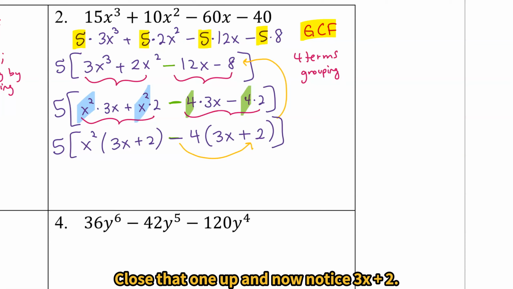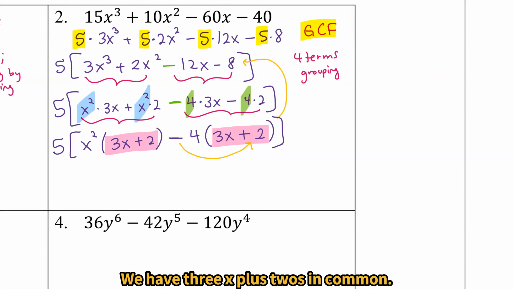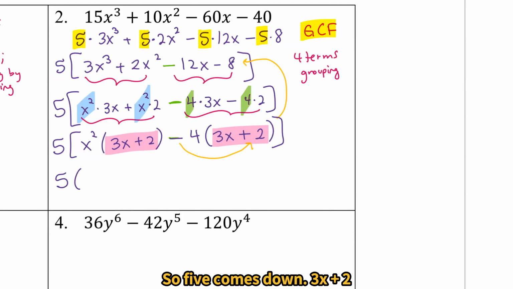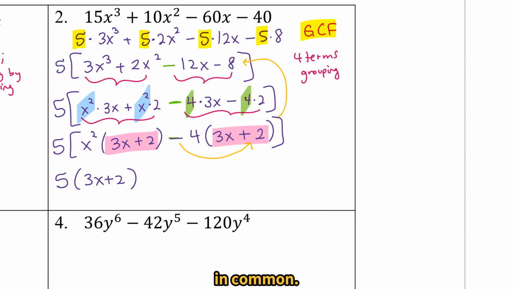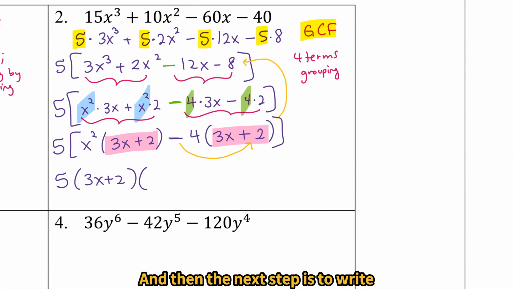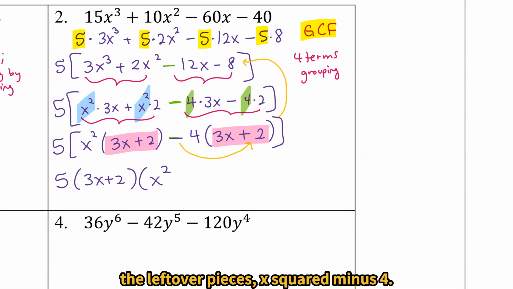Close that one up, and now notice 3x plus 2. We have 3x plus 2's in common, so 5 comes down, 3x plus 2 comes out, because both pairs have that factor in common. And then the next step is to write the leftover pieces, x squared minus 4.